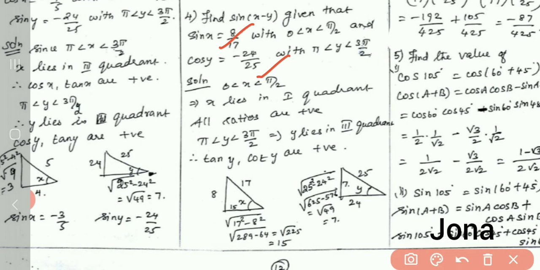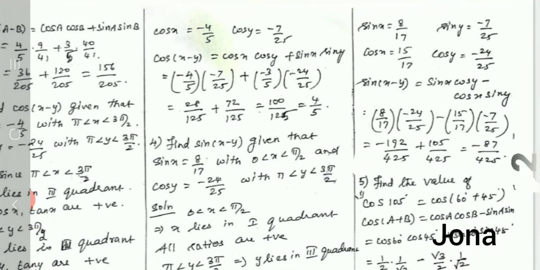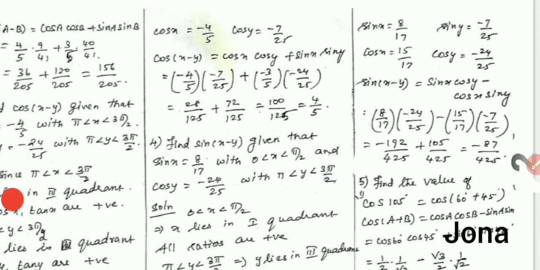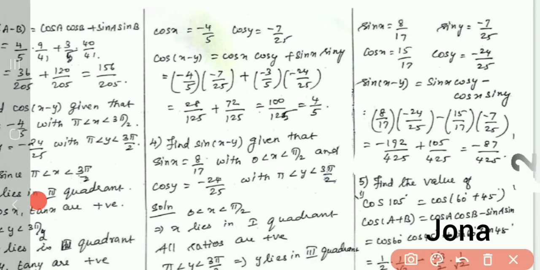Okay, here from the sin x it's given 8 by 17. So I want to find the value of cos x. Okay, that cos x is 15 by 17. And then from cos y equal to minus 24 by 25 given, sin y is minus 7 by 25.